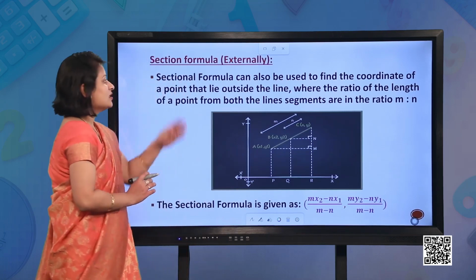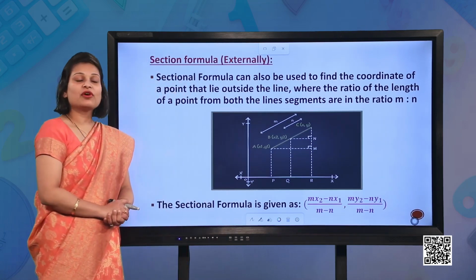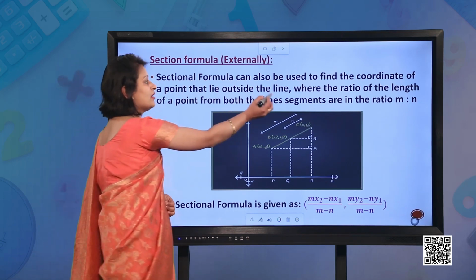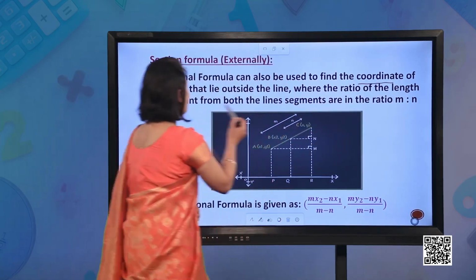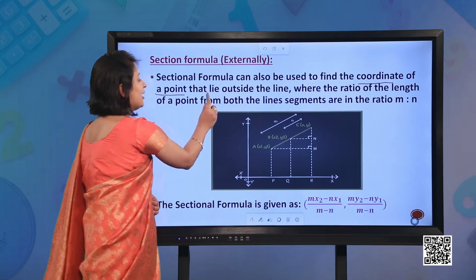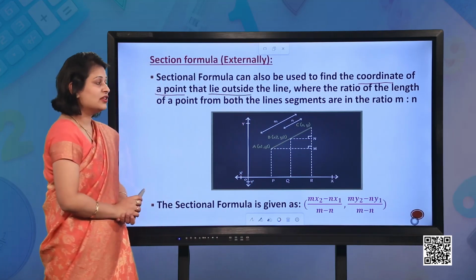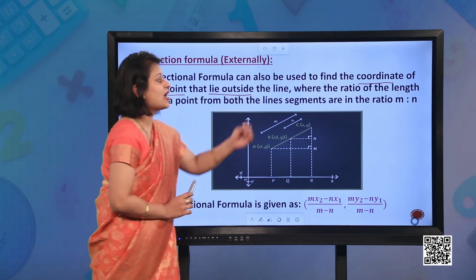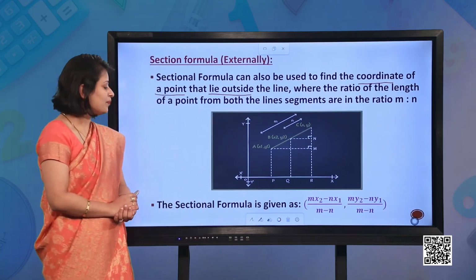Now, just as we used the section formula for internal division, the section formula can also be used to find the coordinates of a point that lies outside the line segment, where the lengths from that point to both ends are in the ratio m:n.